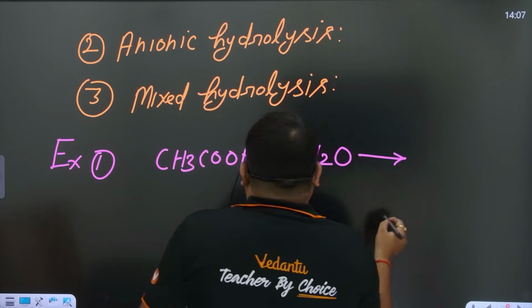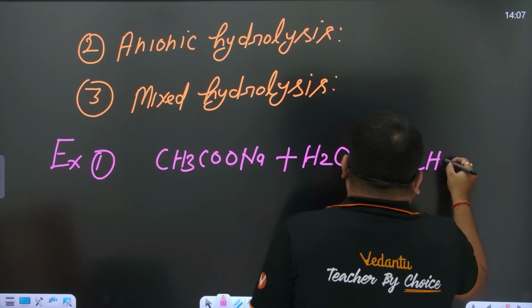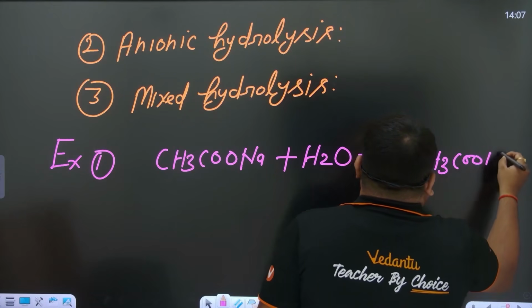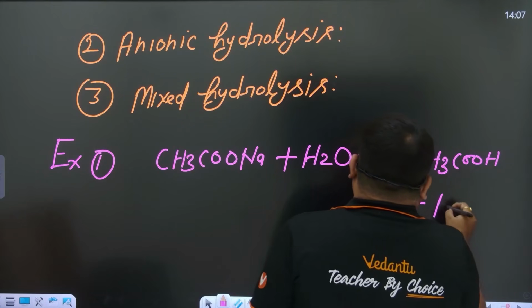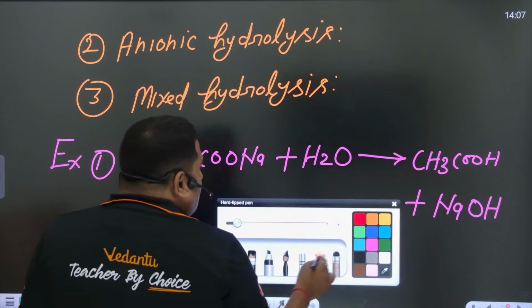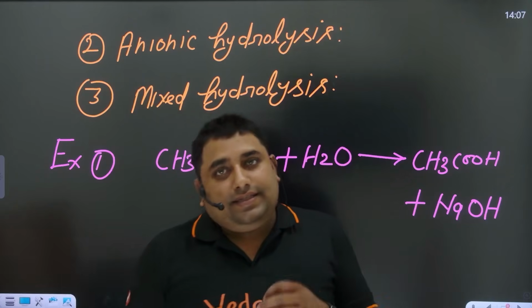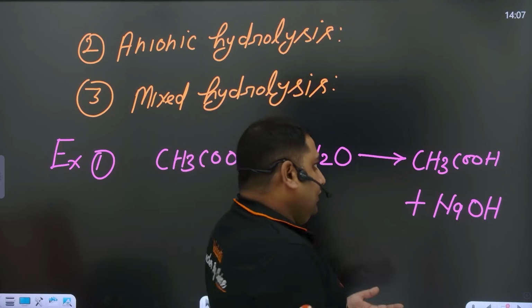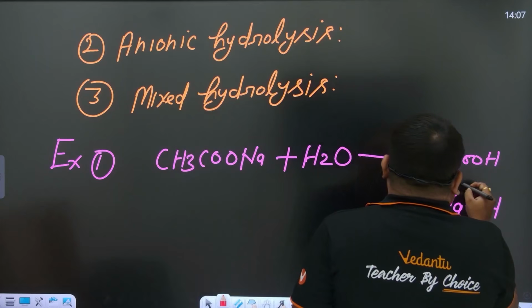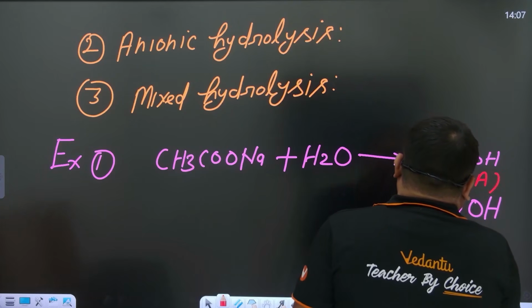Then one acid molecule and one base molecule are formed. So here CH3COOH plus NaOH is formed. And now you have to see out of these two molecules, acid and base, which one is weak. So we see this is a weak acid, right? And this is a strong base.